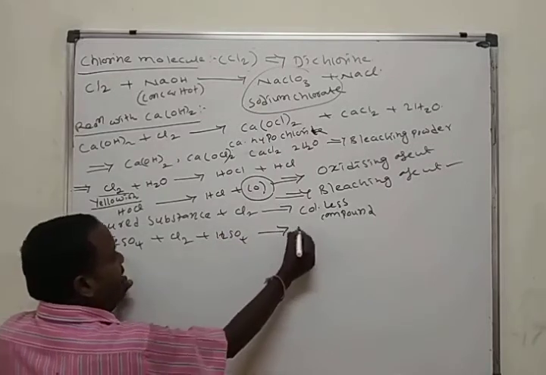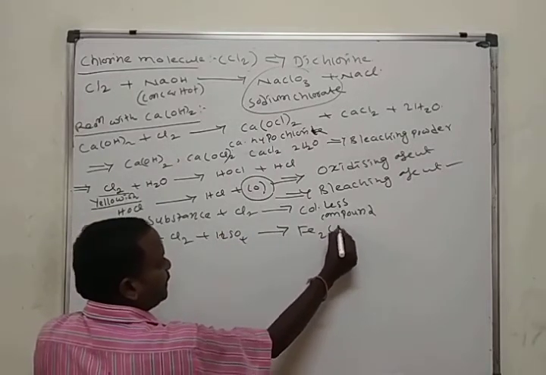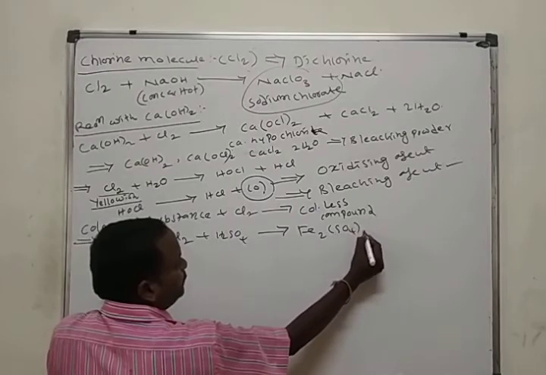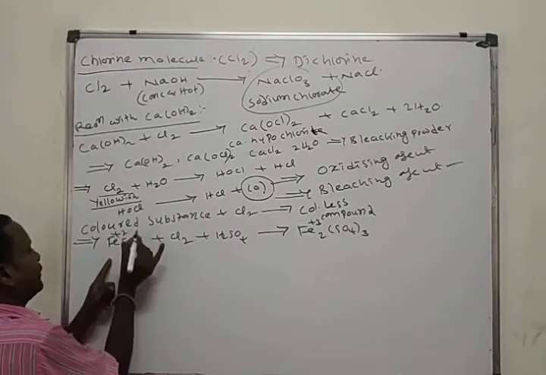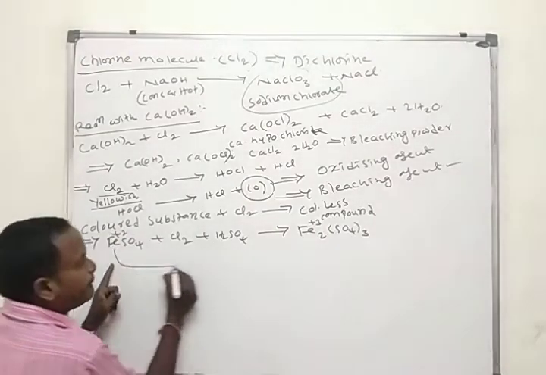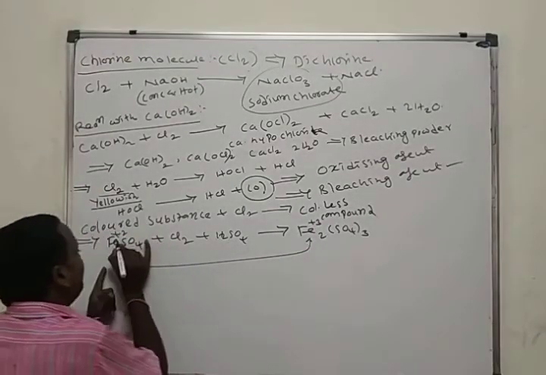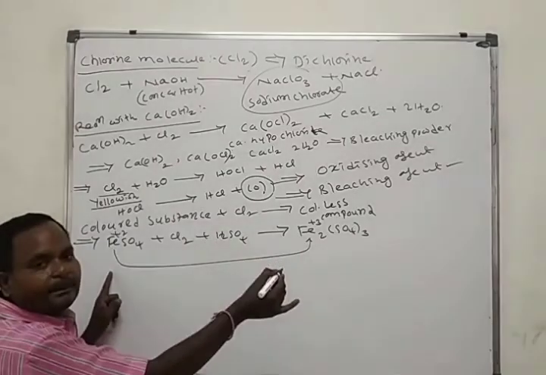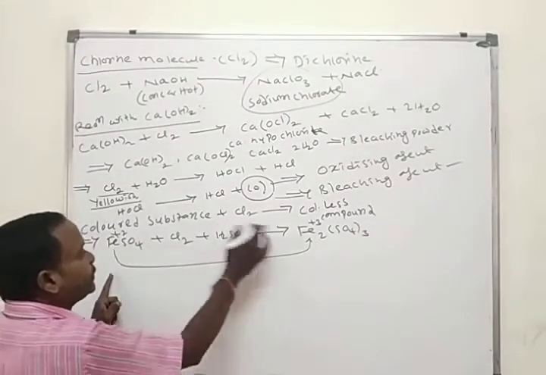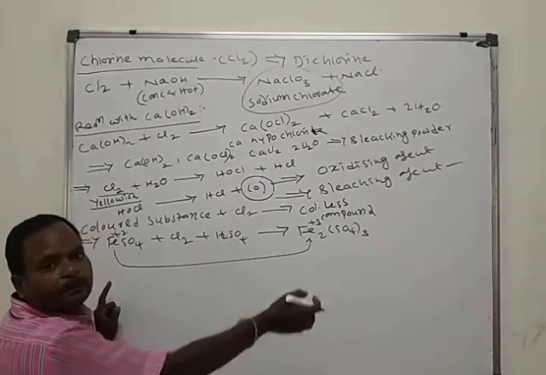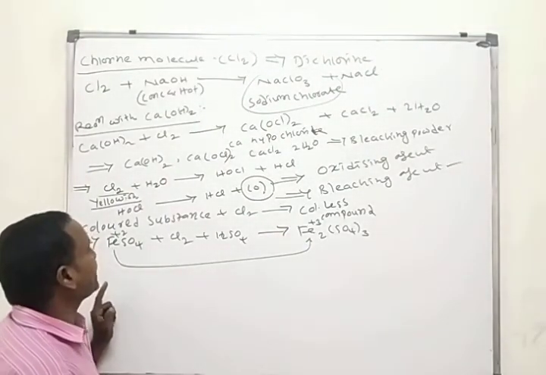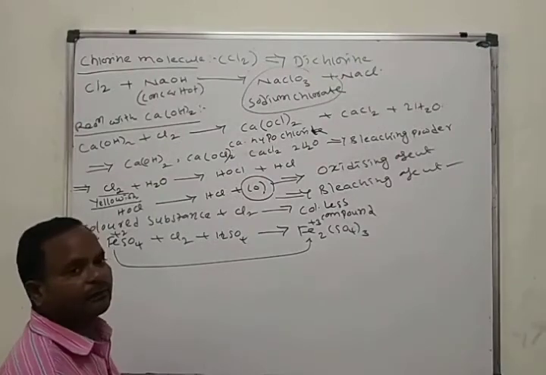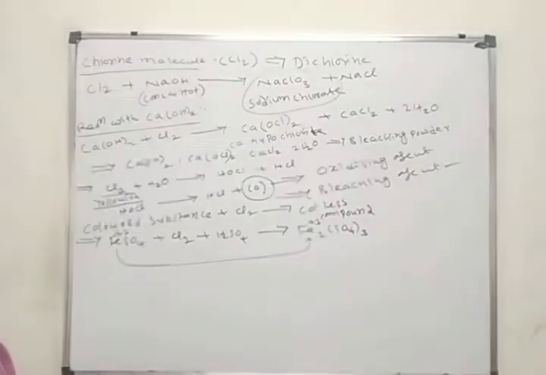Here the oxidation number increases from +2 to +3. Oxidation number increases means it is one of the important oxidizing properties of chlorine.